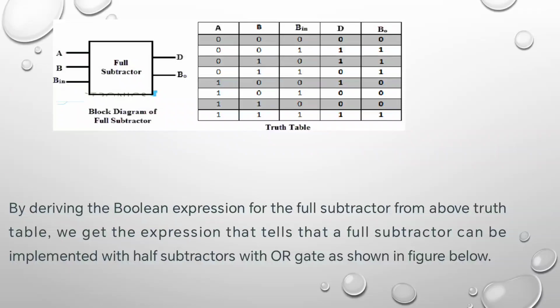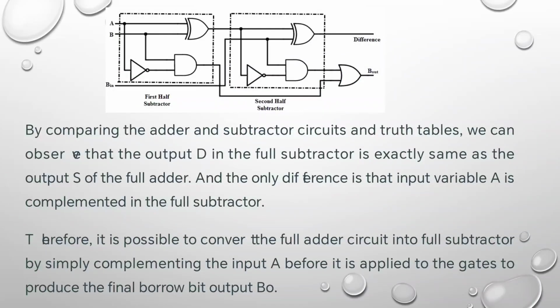By deriving the Boolean expression for the full subtractor from the above truth table, we get an expression that tells us a full subtractor can be implemented with half subtractors and an OR gate as shown in the figure. By comparing the adder and subtractor circuits and truth tables, we can observe that the output D in the full subtractor is exactly the same as the output S of the full adder, and the only difference is that the input variable A is complemented in the full subtractor.